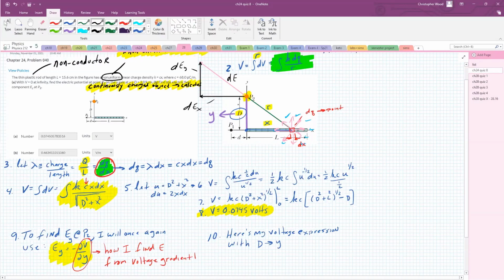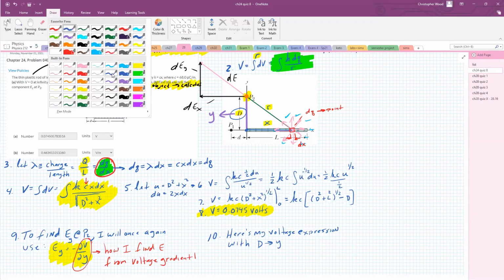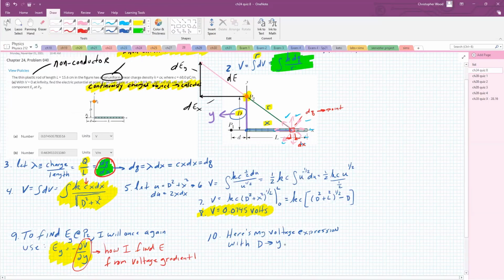Okay. So you could actually try to go back and do what we've done before. We've solved this problem before under maybe a different set of circumstances, but what we can do now is just take the derivative of my voltage expression.